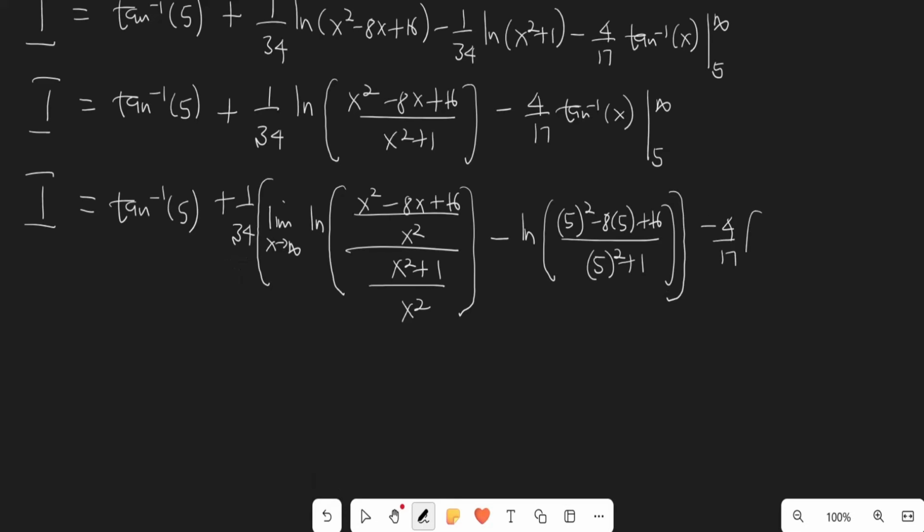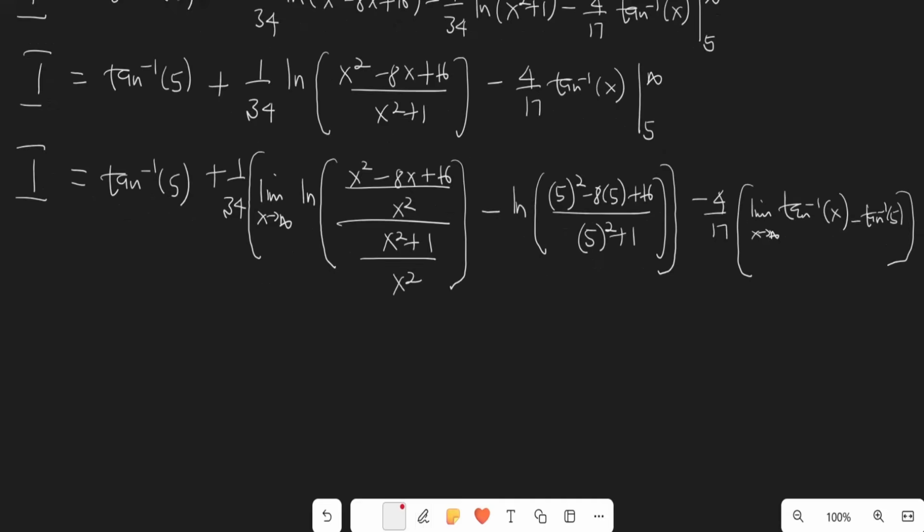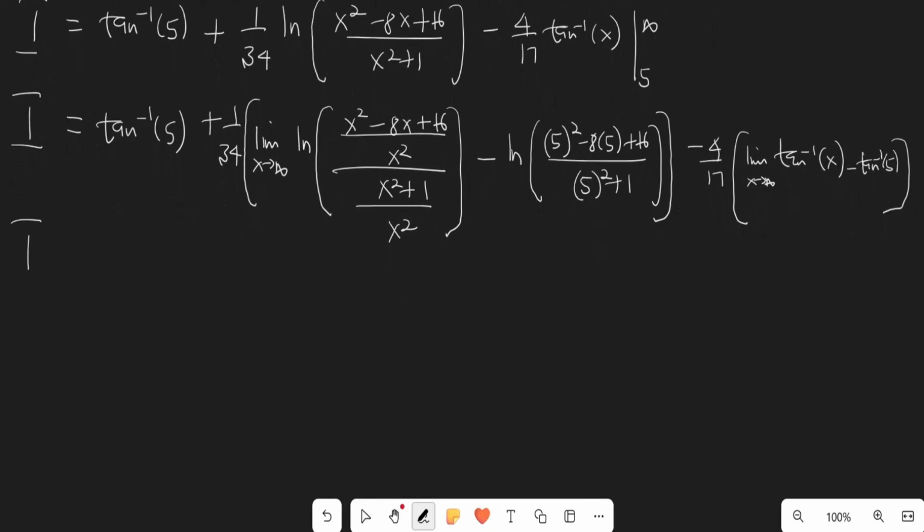Right, I'm running out of room here, so what I'm going to do is take the limit as x approaches infinity of the tan inverse of x. Right, so this is the upper limit minus the lower limit. You plug in infinity and 5, that is going to be the tan inverse of 5. I'm running out of room, please forgive me for this. Alright, so I is going to be equal to the tan inverse of 5.